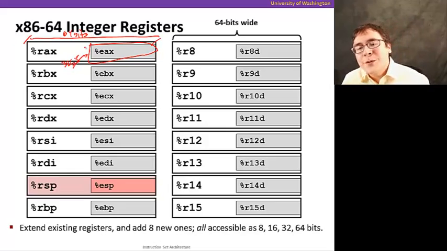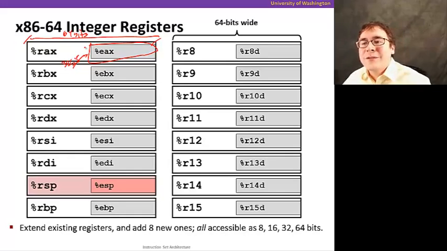The nice thing about this is that you preserve backwards compatibility. Isn't that great? You have the same names, and since the registers are bigger, they're a superset of the original ones.